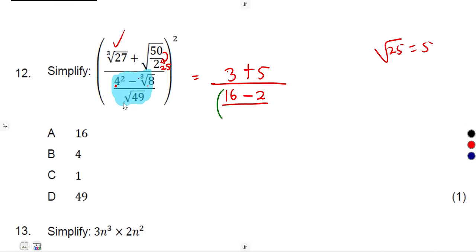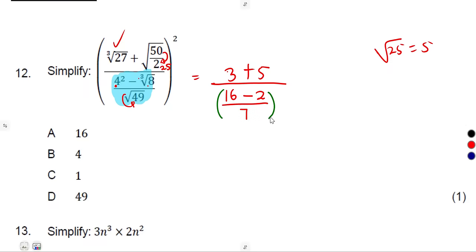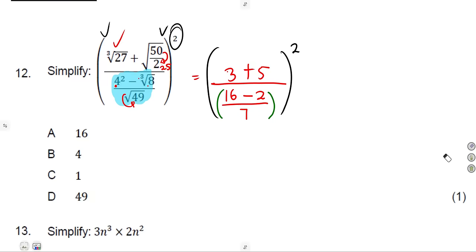Everything over the square root of 49, which is 7. You close the bracket to represent the denominator as a single term. But remember, everything here is raised to the exponent of 2.